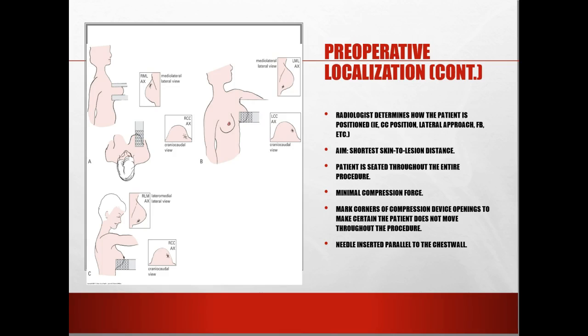Again, you will compress the patient. They'll stay in the compression, but it's a minimal compression force. It's mainly to flatten the tissue out to a certain degree, and to anchor the tissue and keep everything still for the procedure. The radiologist is going to always, there will be an exception, but always try to set the patient up so that they're inserting the needle parallel to the chest wall.